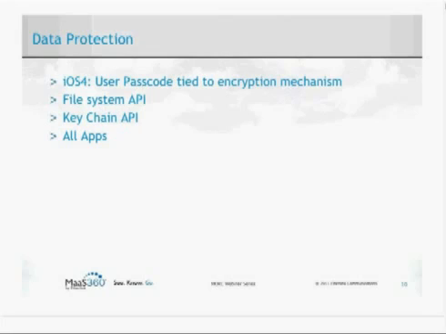Because chances are if the application is running in the background and the phone is locked, you won't be able to access your files. So there's a file system API for data protection, and there's a keychain API. So you should use both appropriately.